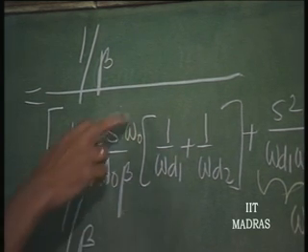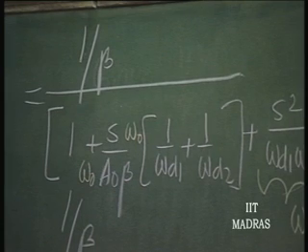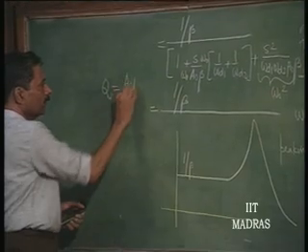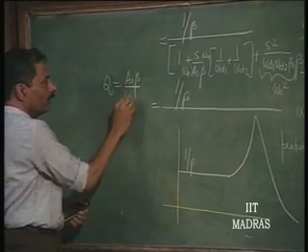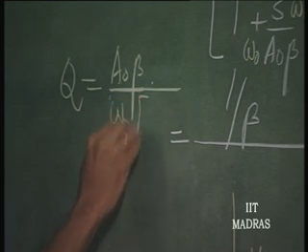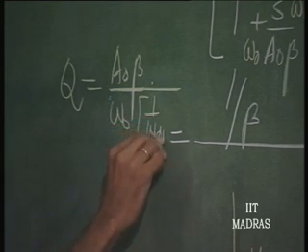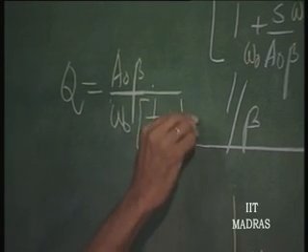Q. So, this Q is A naught beta by omega naught into 1 over omega d1 plus 1 over omega d2.